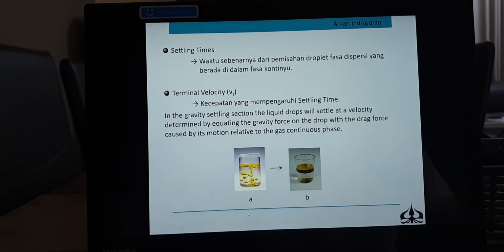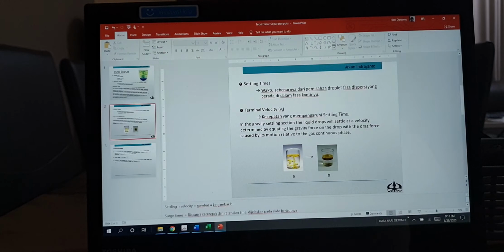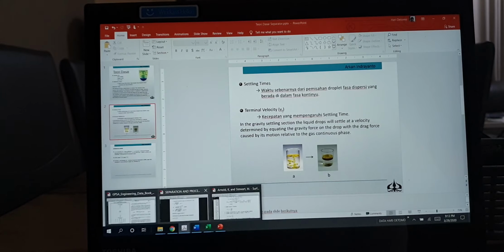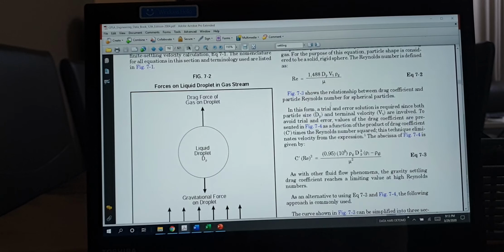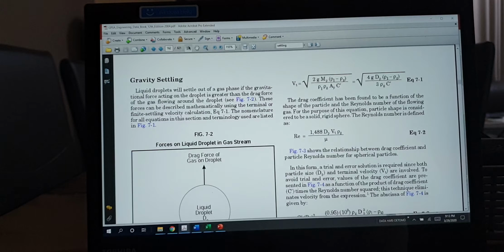If you see on the GPSA, this is the equation of terminal velocity, and you see that there is a drag force here, which is Cd.